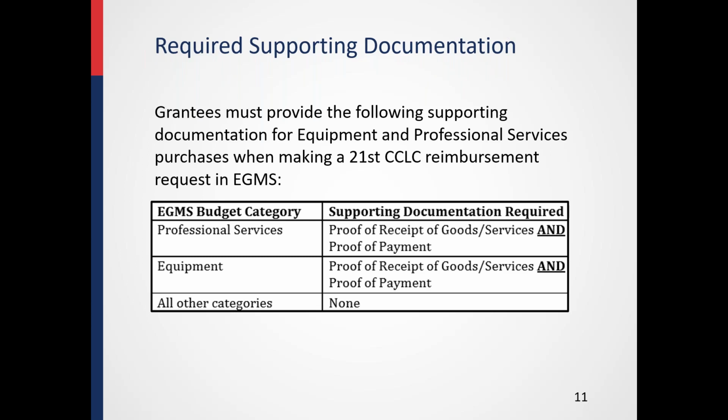And for equipment, you also need to have a proof of receipt for the goods and services and a proof of payment. For the other categories, you don't have to submit documentation up front in the initial submission, but OSSI staff may request follow-up documentation if there needs to be clarification about any of the requirements to approve the expenditure.